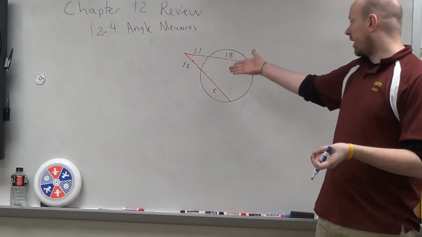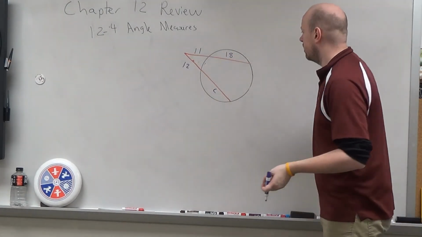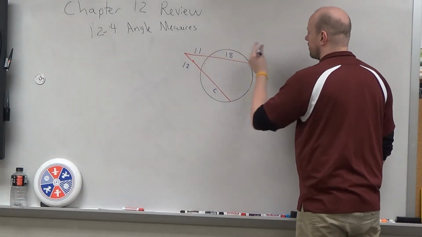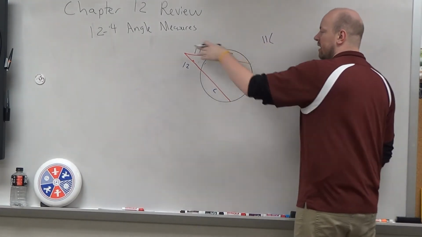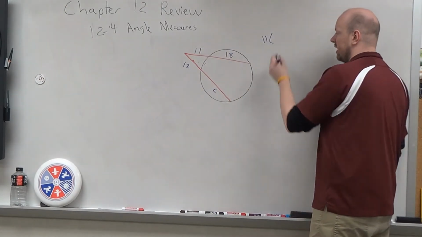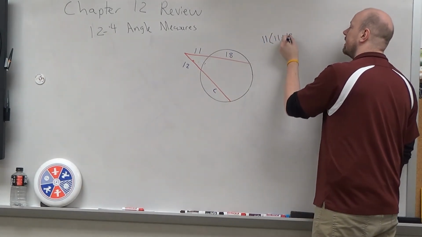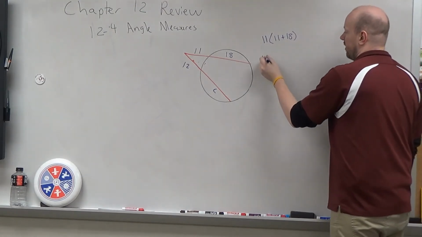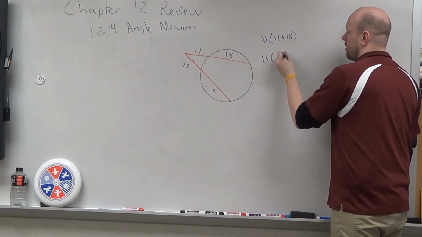Now again, our intersection occurs outside the circle, so we get the outside part, which is 11, times the entire segment. Well, the entire segment isn't 11 or 18, it's 11 plus 18. So I get 11 times 29.